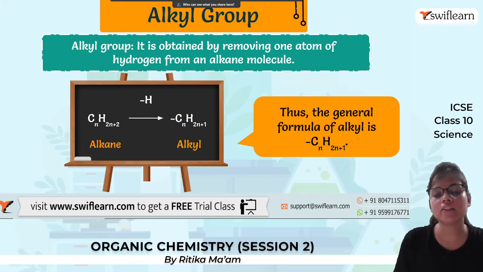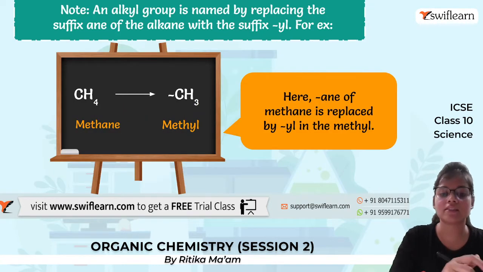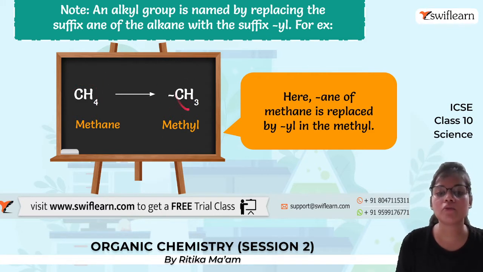So it is obtained by removing one atom of hydrogen from an alkane molecule, and the formula goes like CnH2n+1. So there are various alkyl radicals like methyl, with 1 carbon atom, CH3, ethyl C2H5, propyl C3H7, butyl C4H9, etc. So here from methane we are removing one hydrogen atom, which gives the alkyl group, which is methyl.